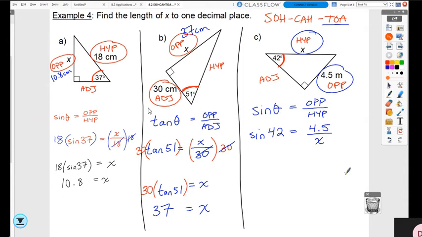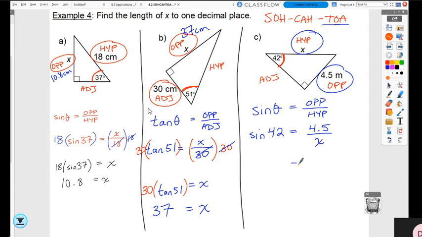Now, why is this one a little bit different than the rest of them? Yeah, x is now the denominator. That's weird. So this method of just multiplying by the denominator kind of goes out the window a little bit, doesn't it? But if you think back, we have run into this situation before, haven't we? We've run into this situation in similar triangles. We had x at the bottom. Now, what did we do in similar triangles? What did we do, Ravina? We flipped it. Yeah, we did flip it.